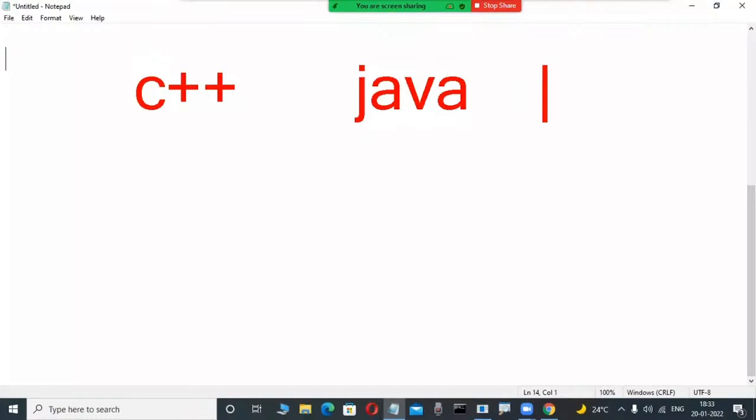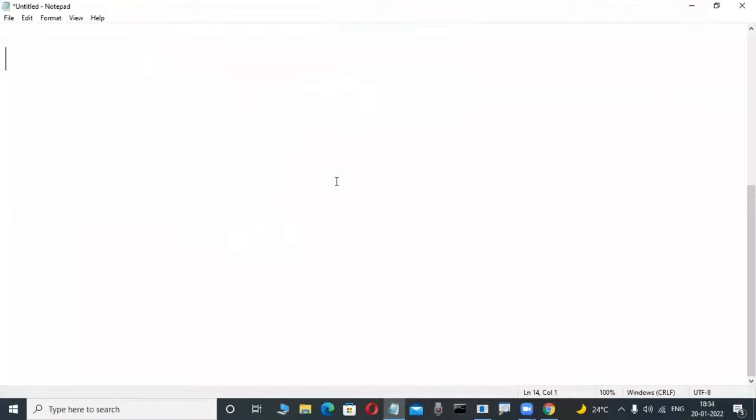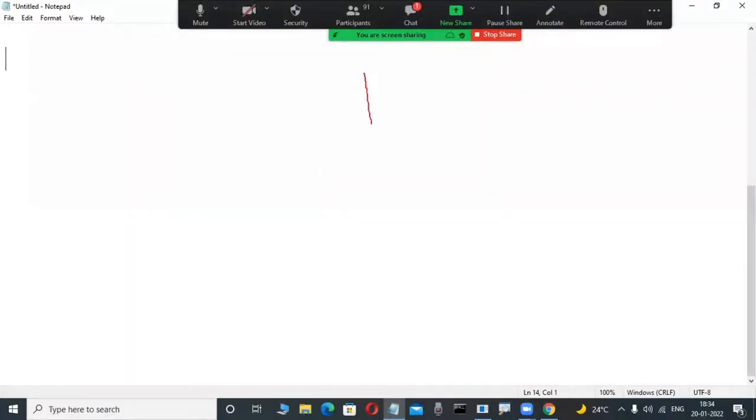C# .NET is an object-oriented language. VC++ is an object-oriented language. So many object-oriented languages are there. Suppose I'm taking two languages today as an example. Through that, same concepts are there, and through similar concepts we observe whether all these SQLs are different or the same.